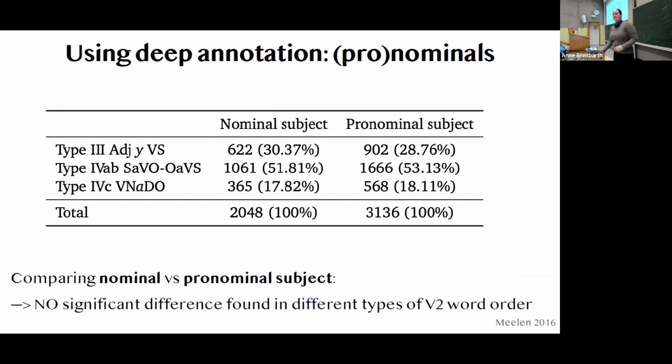Now, another thing you can do is, if you not just say things are nouns, but make distinctions between pronouns and nouns, etc., you can look at whether the type of subject makes a difference. So if you compare nominal versus pronominal subjects, it turns out that, unlike what a lot of people had suggested in the literature, this is actually not significant at all.